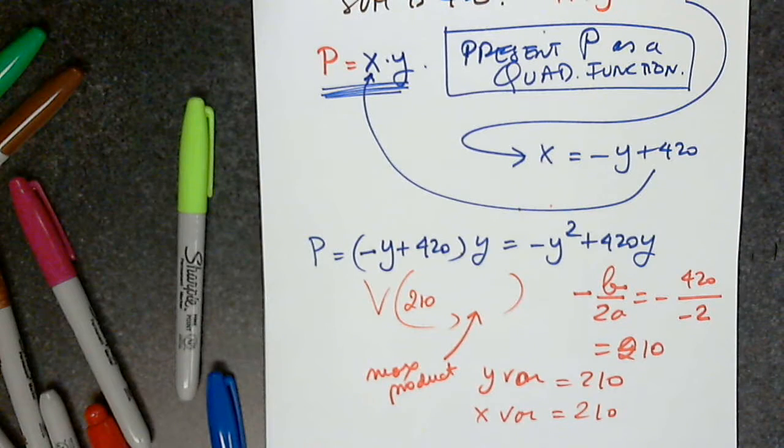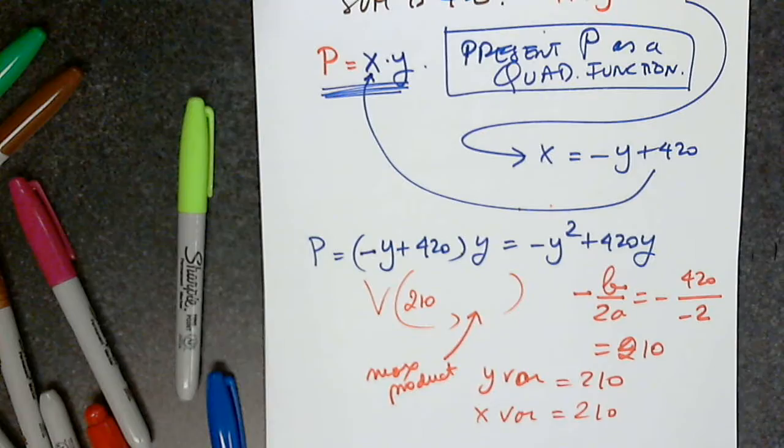So I can do 210 squared, or I can plug it in the function as negative 210 squared plus 420 times 210. If I want to plug it back in the function, it has to be the same number.